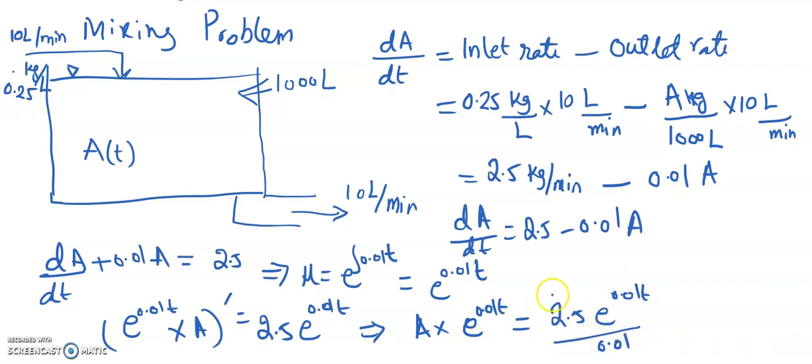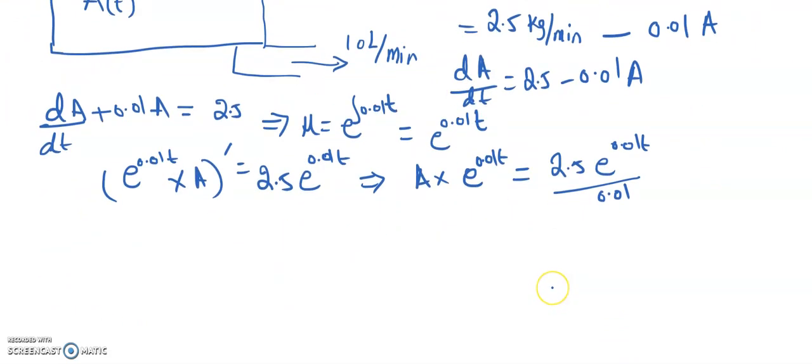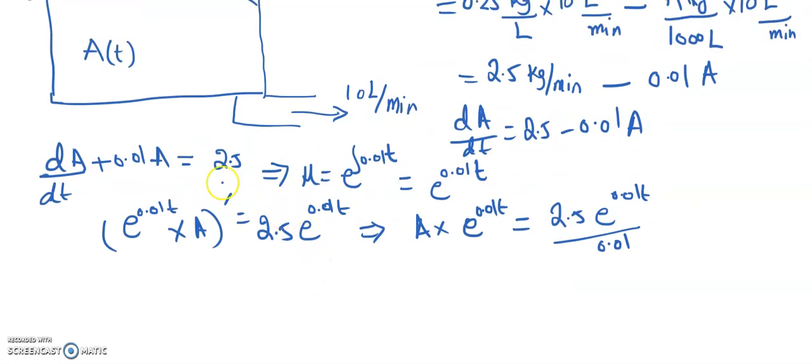Okay, so I think maybe I'm making a mistake. So it will be A times e power 0.01 t equals 2.5 divided by 0.01 times e power 0.01 t, and then plus constant.